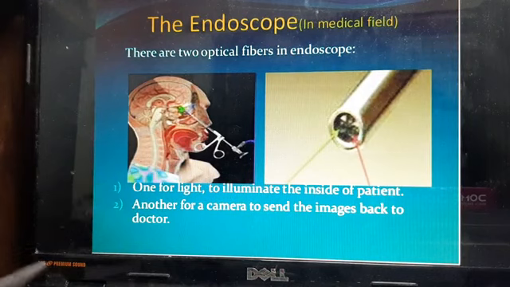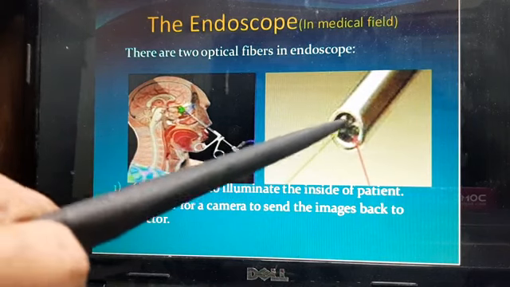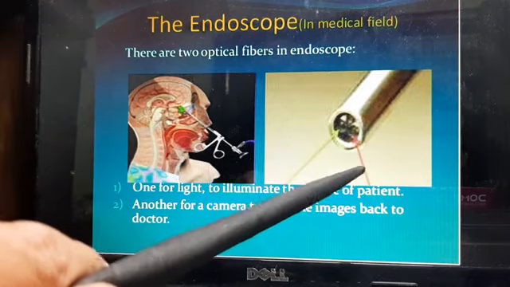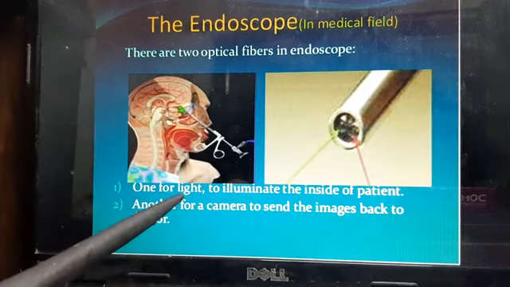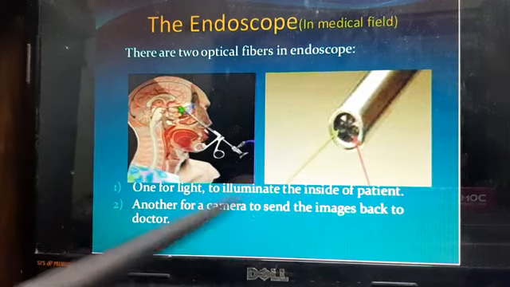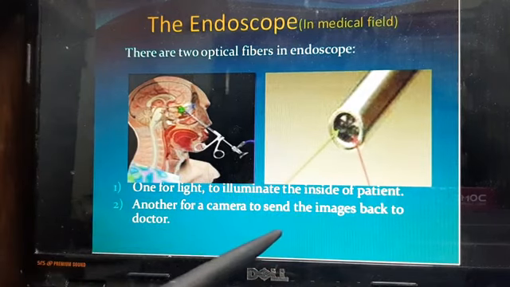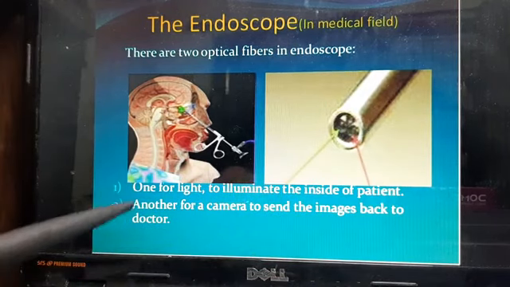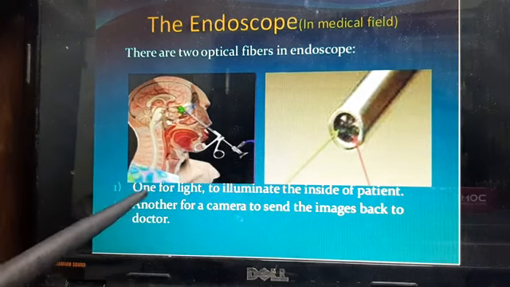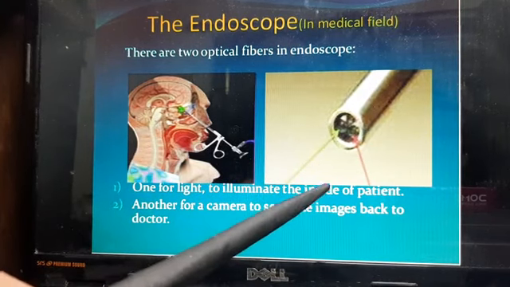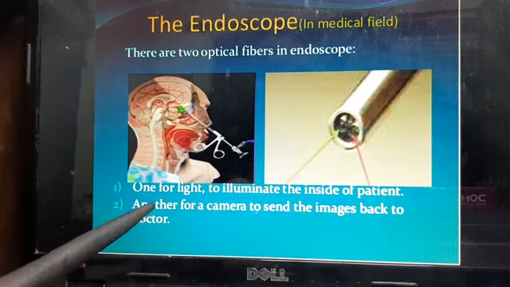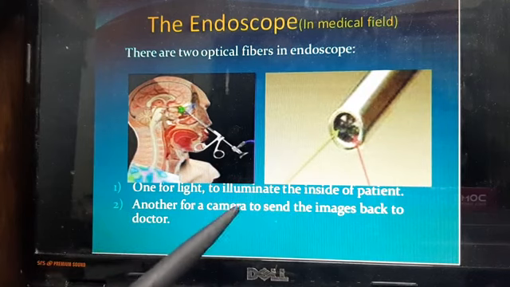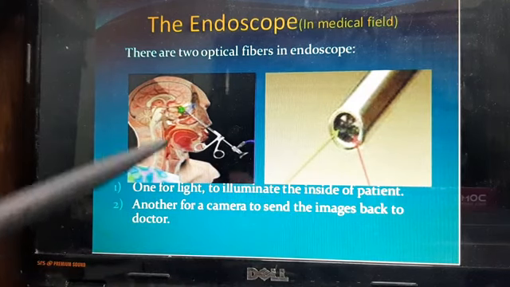Endoscopy is the main application of optical fiber. This is the tube having 2 strands, one for light to illuminate the inside of the patient, another for the camera to send the image back to the doctor.